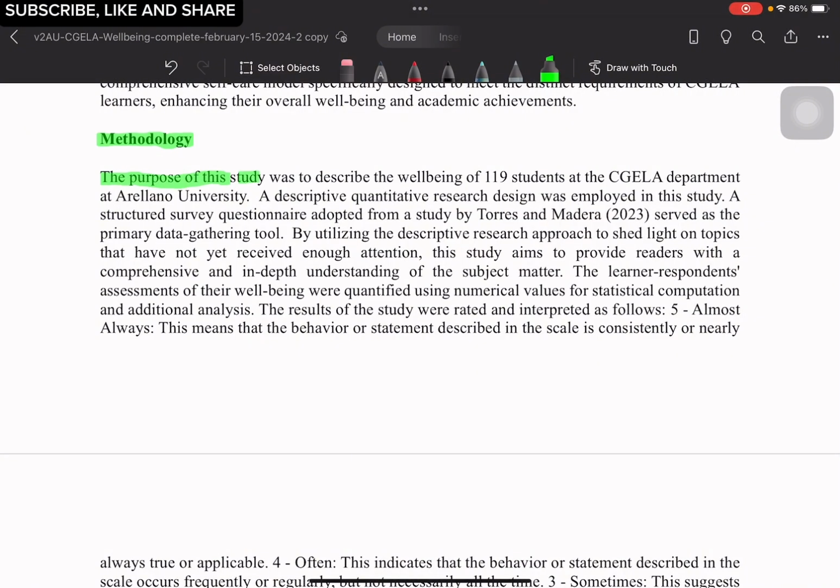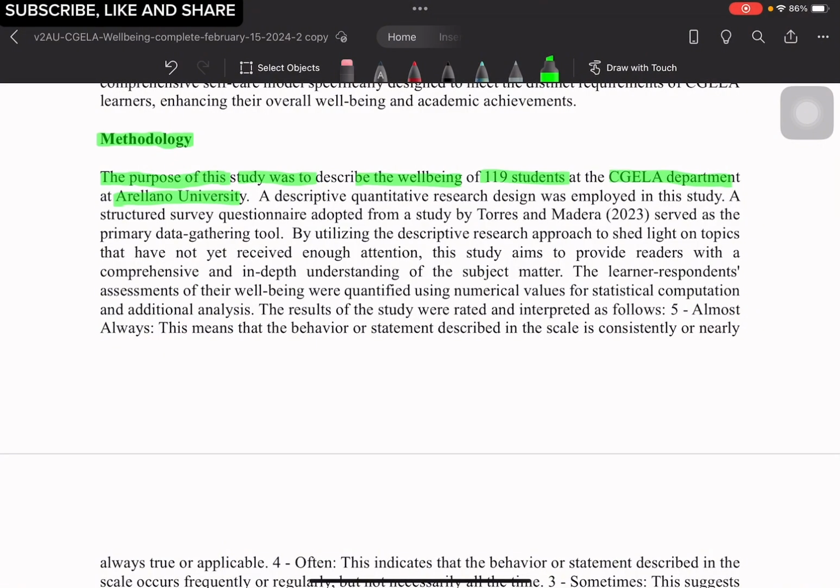The purpose of the study was to describe the well-being of... Again, part of the discussion in the methodology is the presentation of the respondents and the setting of the study, which is the CGELA department and the university where it was conducted.